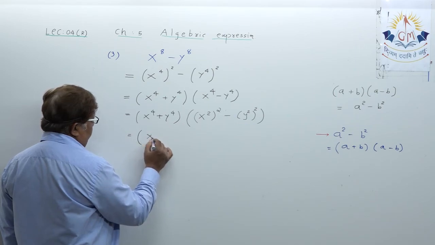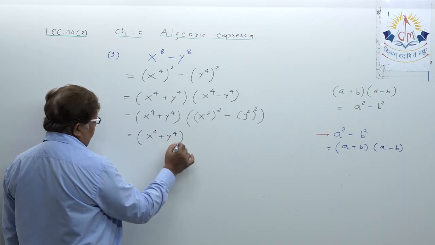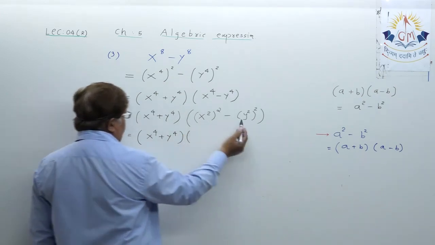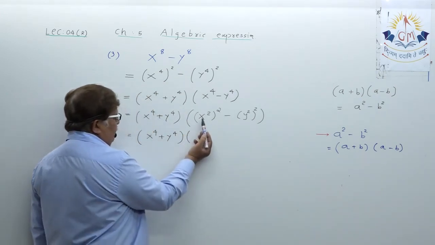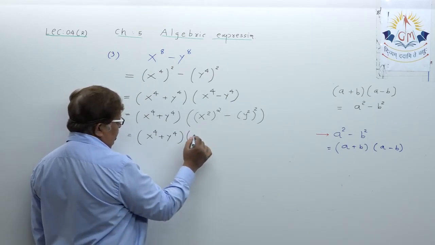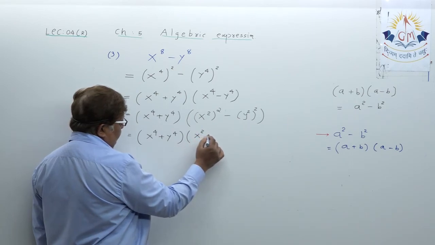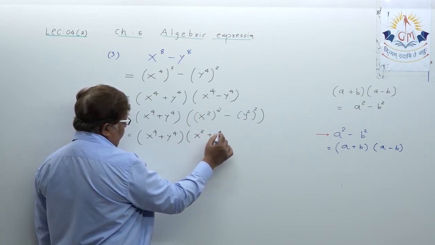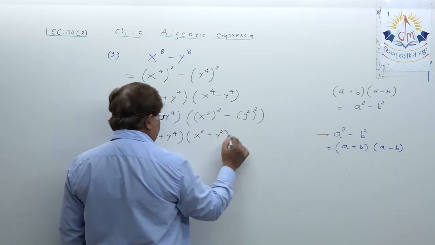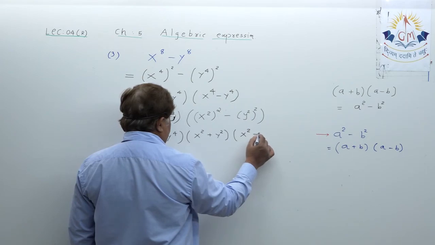This bracket as it is, and here this is a square minus b square, one time a plus b, a minus b.